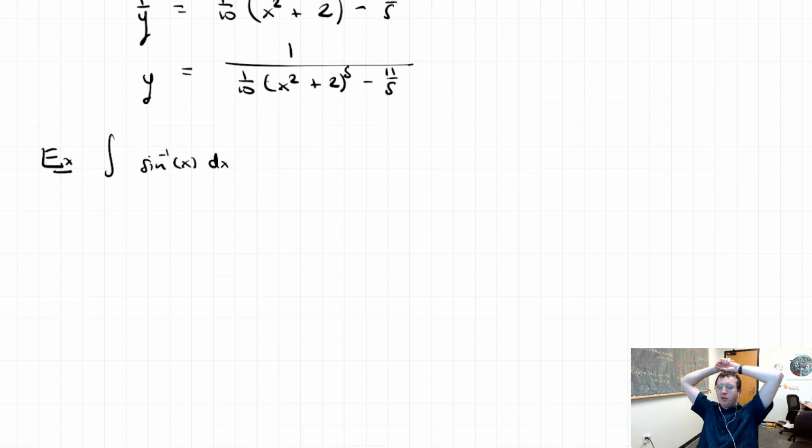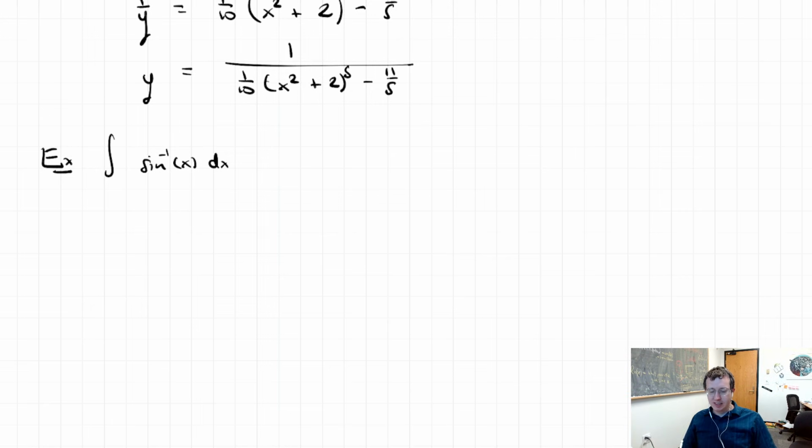Obviously setting u equal to x doesn't ever help. Well, what if you set u equal to sine inverse of x? Probably that wouldn't work. What you can do is actually integration by parts, which is crazy.